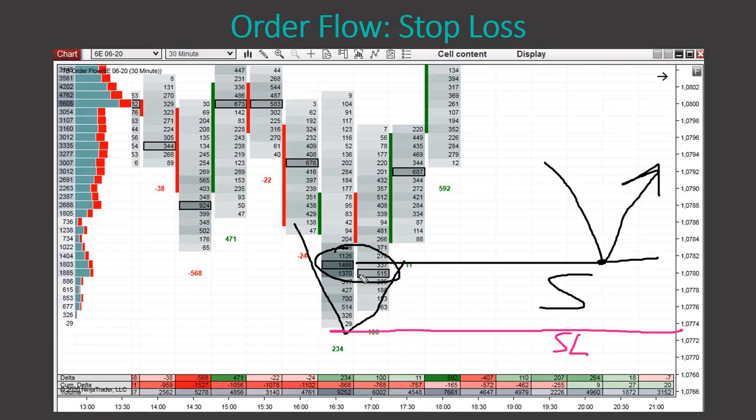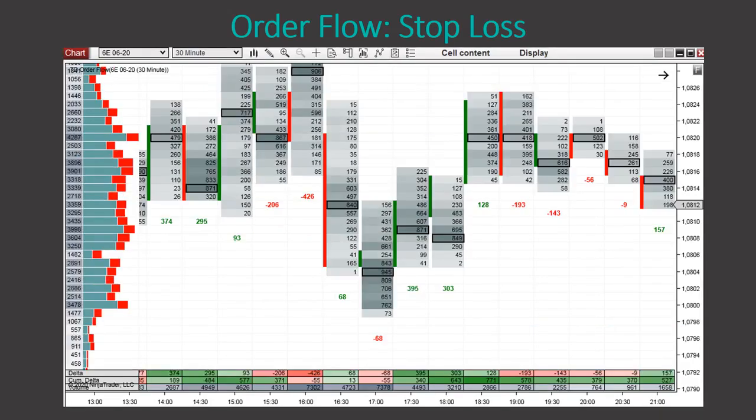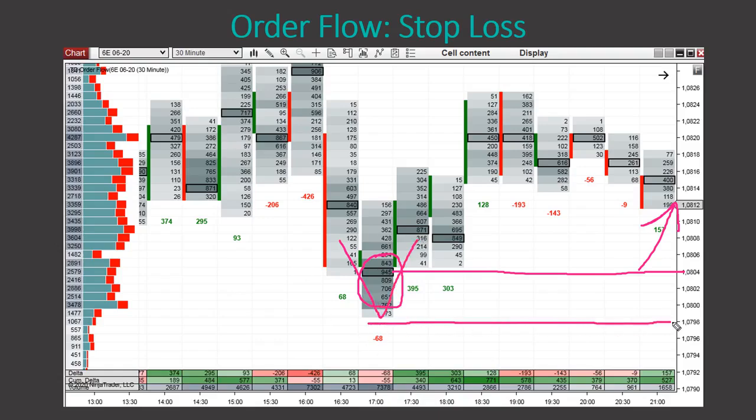All right, now this is very similar scenario. Imagine long level from here, you expect a buying reaction from those massive volumes. The ideal stop loss in here would be below the low of this area, so it would be in here.